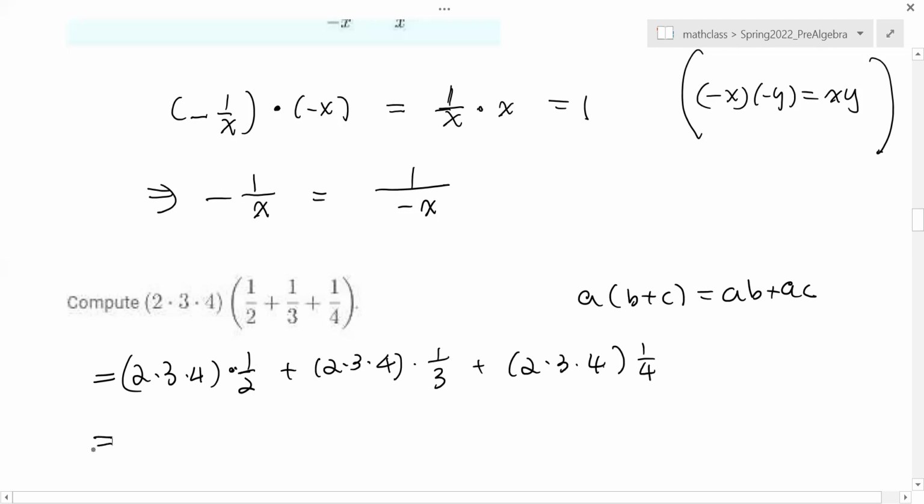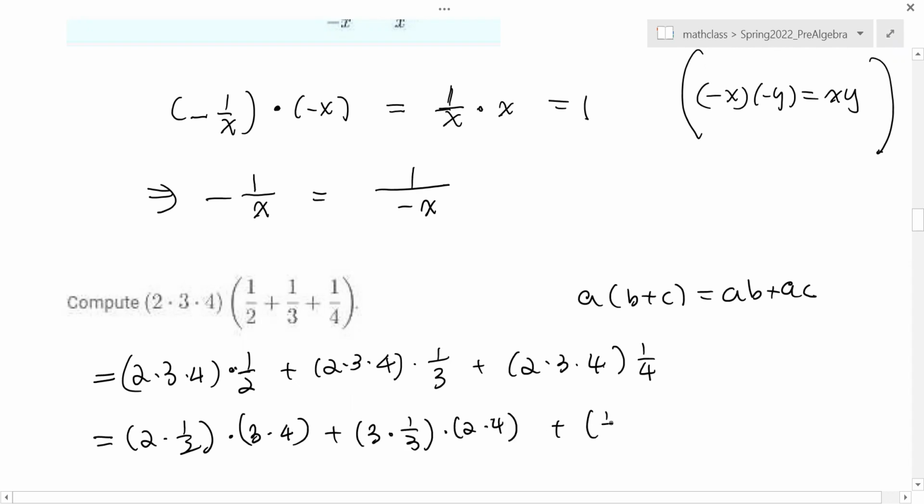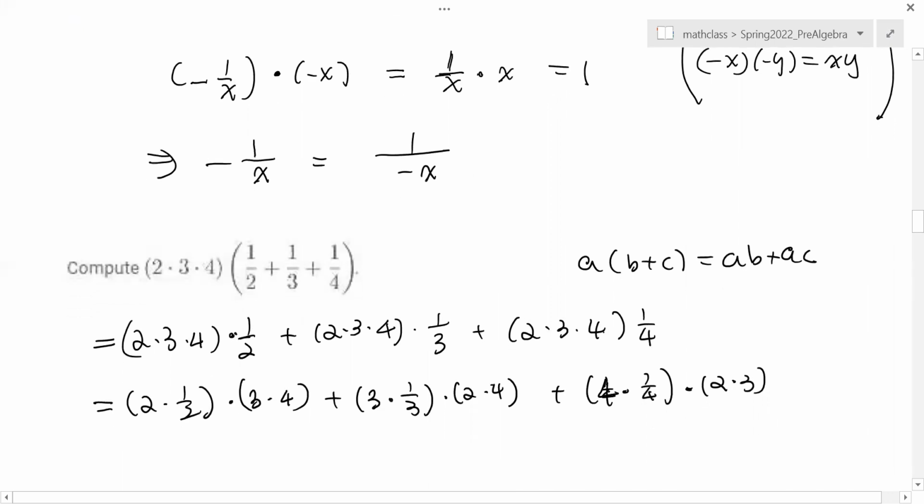Then you switch around and exchange terms: 2 times 1/2, and here's 3 times 4. I move the 4 to the right, I can always regroup them. It's the same here: 4 times 1/4 and 2 times 3. Regroup them, because ab equals ba.